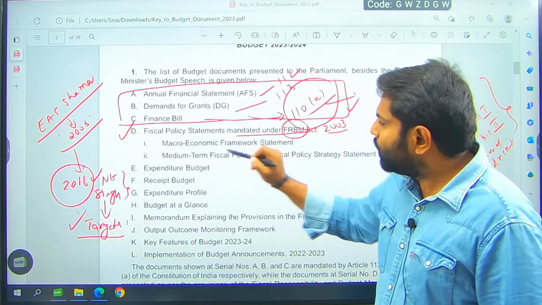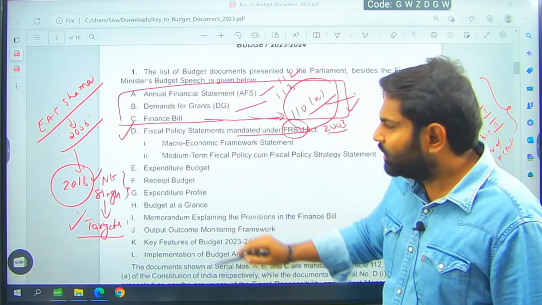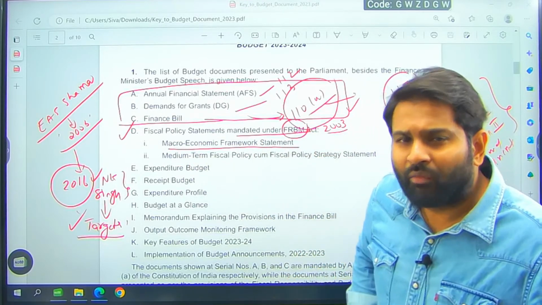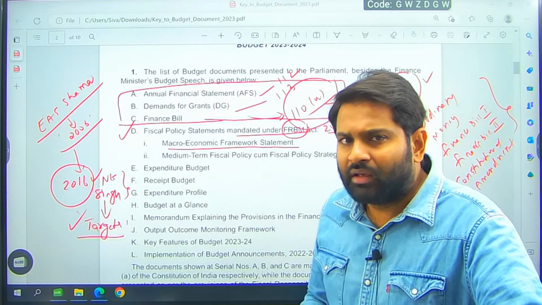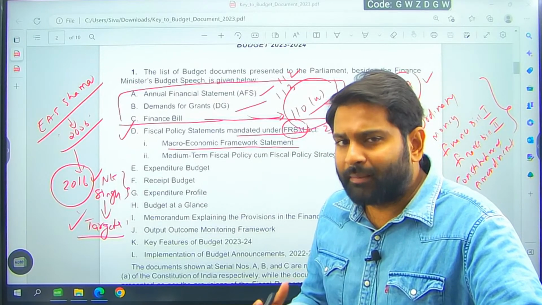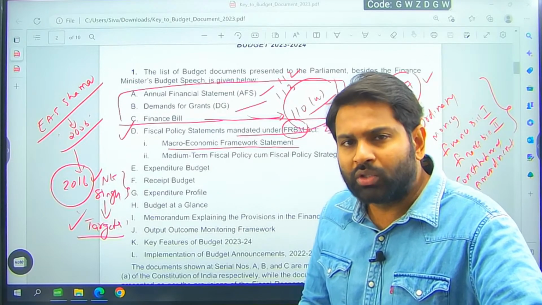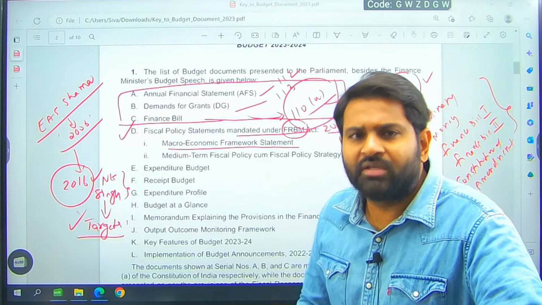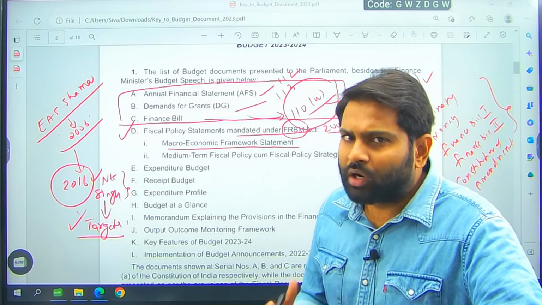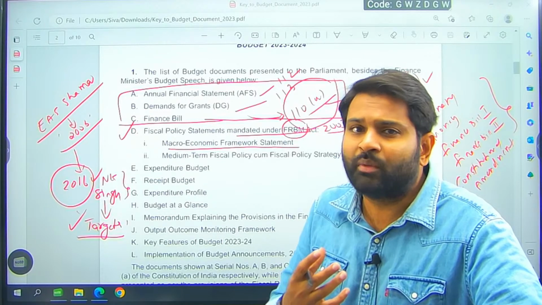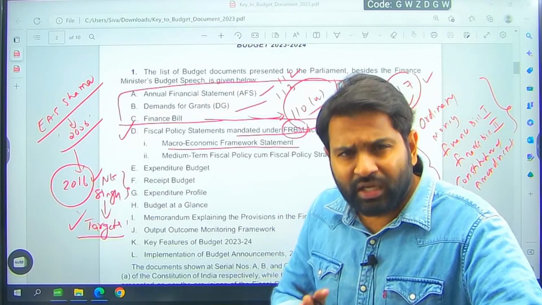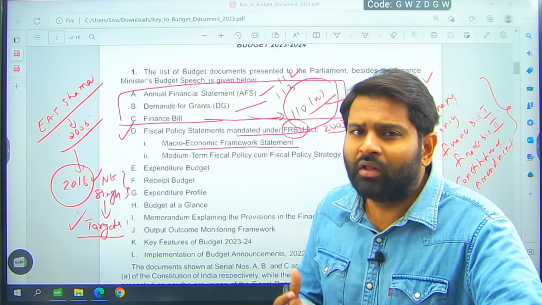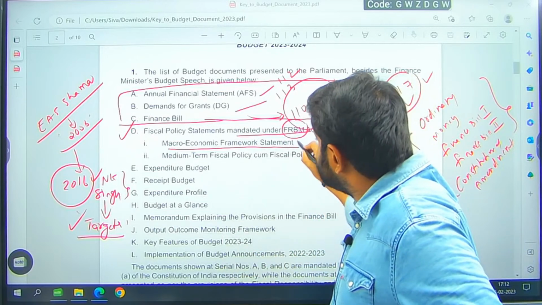We have the macroeconomic framework statement. The name itself is saying this statement will explain what is happening at the macroeconomic level. They'll talk about macroeconomic parameters like inflation, growth, employment, exports, imports, foreign exchange, all these parameters, and they will try to give you a brief gist about the Indian economy. If you don't know anything about the Indian economy, but you know what those parameters are, like national income, inflation and all, if you want to understand, you have to go back to this statement.